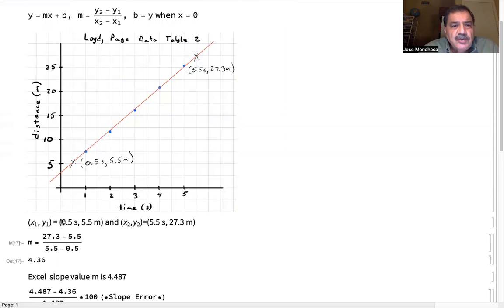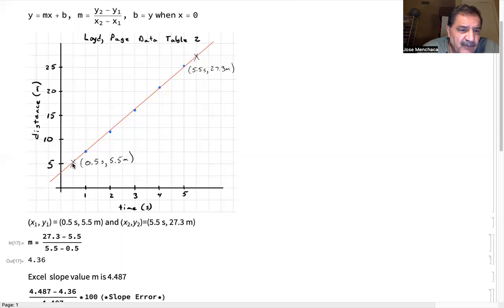When x is equal to 0, it's whatever this value is that crosses the y-axis. Now, choosing your x1, y1, and your x2, y2, do not, repeat, for scientific purposes, do not choose data points. Don't choose anything that's on the blue dots. What you do is you mark on your best fit line a convenient spot.